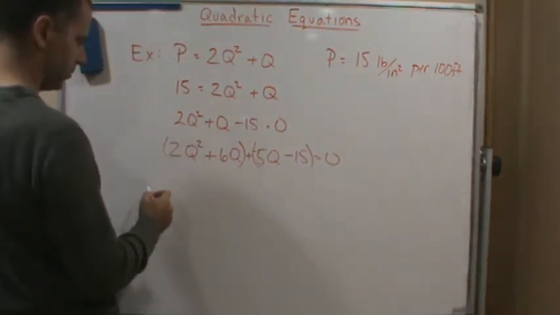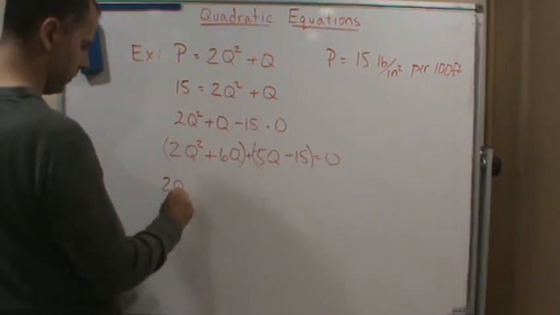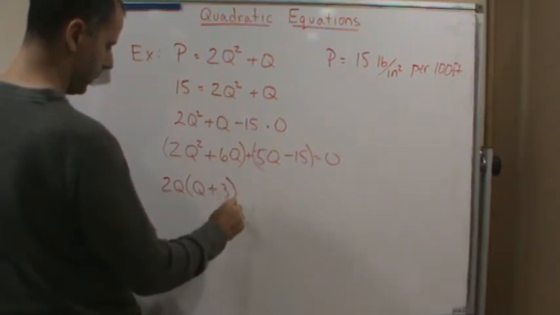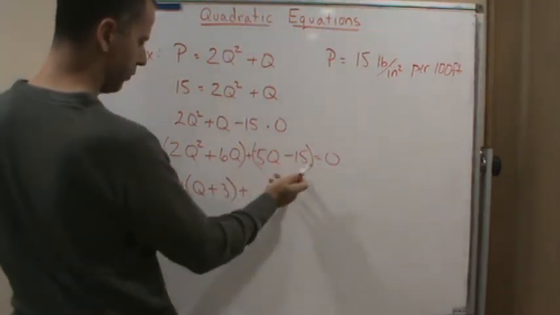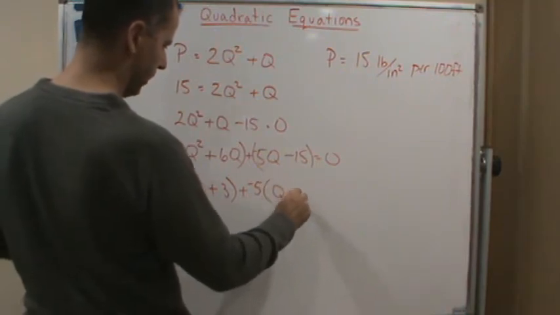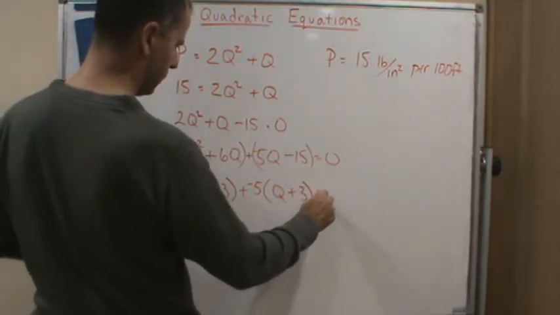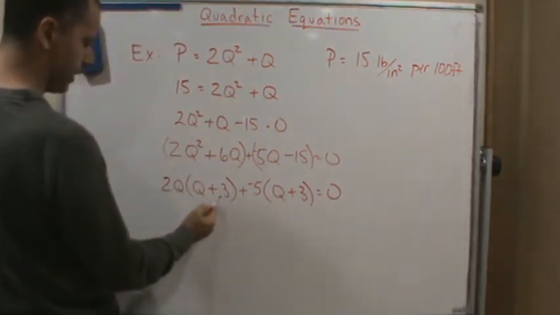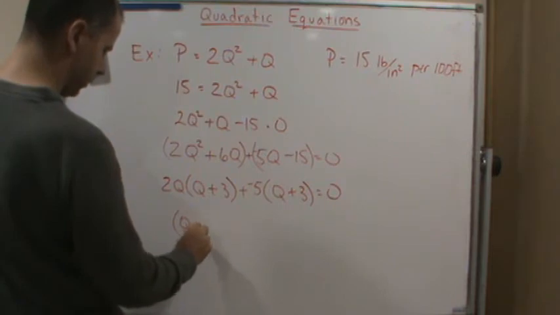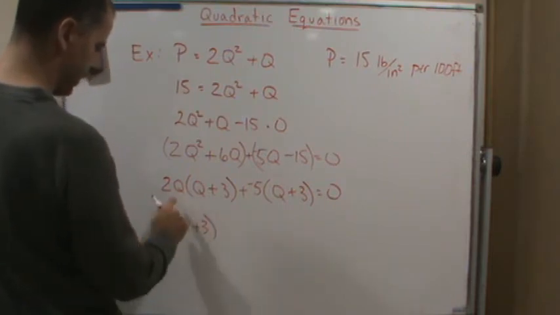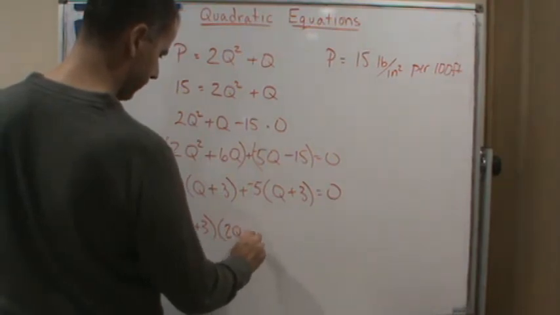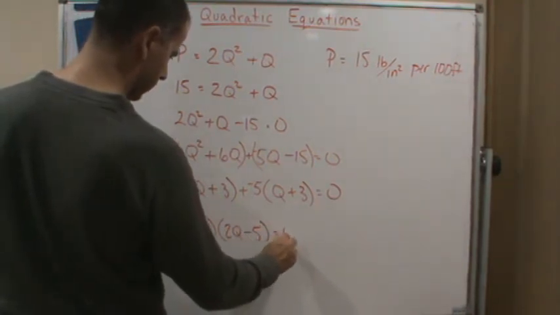And now, what do we get? We're going to factor out 2Q, which is going to give us 2Q times Q plus 3, plus, and then we're going to factor out a negative 5, which gives us a Q plus 3 here. And now we're going to factor out the common factor of Q plus 3, and that leaves behind 2Q minus 5 equal to 0.